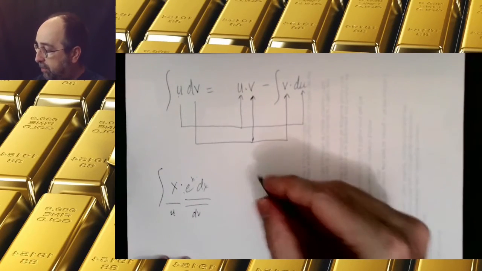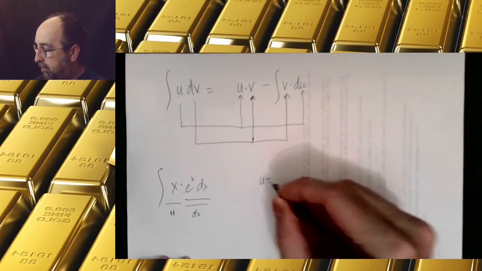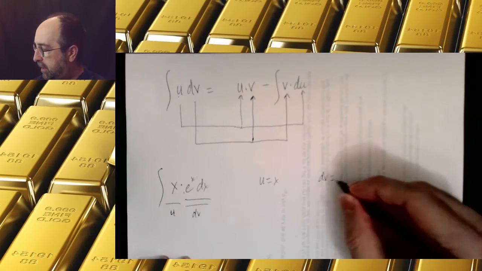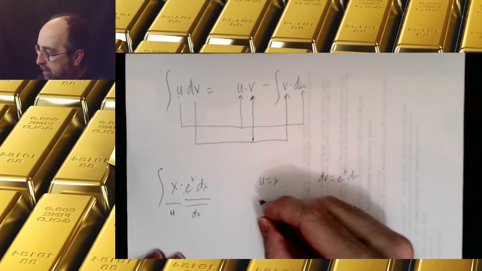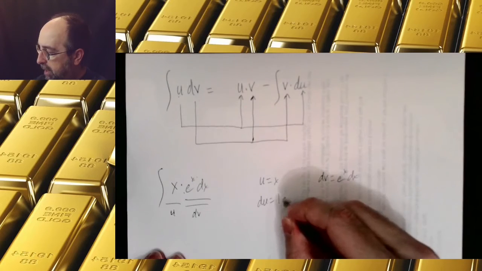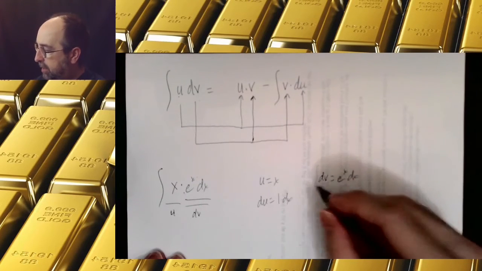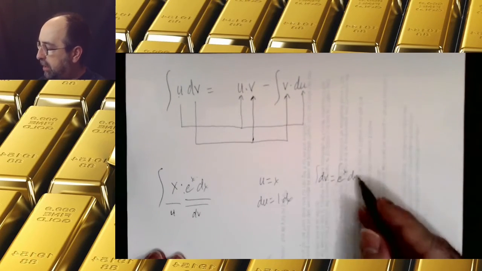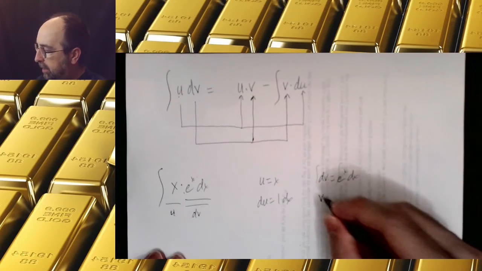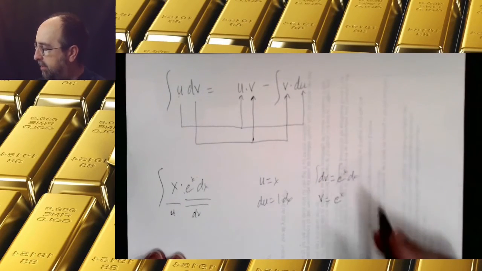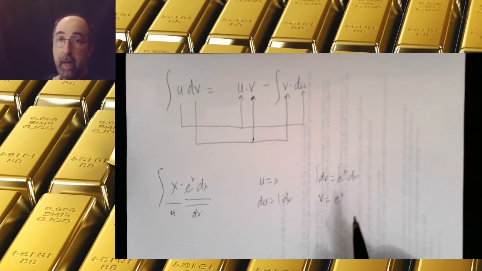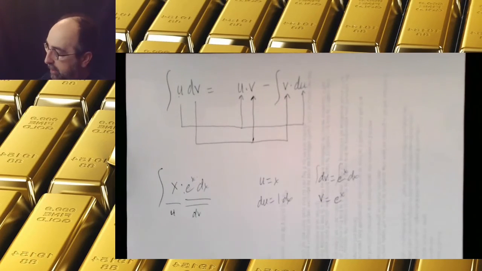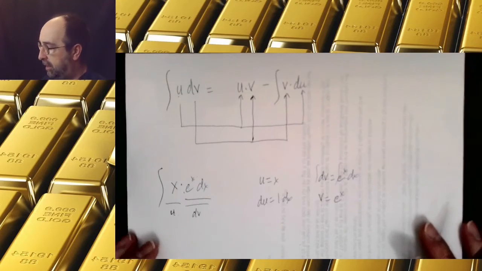So my preferred way of showing that work is to write u equals x and dv equals e to the x dx, so that I can write du is equal to 1 dx, and then we would say the integral of dv is equal to the integral of e to the x. We would get v equals e to the x, and ordinarily we would say plus c, but for now we're in the middle of a much larger problem where we will add plus c at the end of that problem, so it's not necessary to add it here.